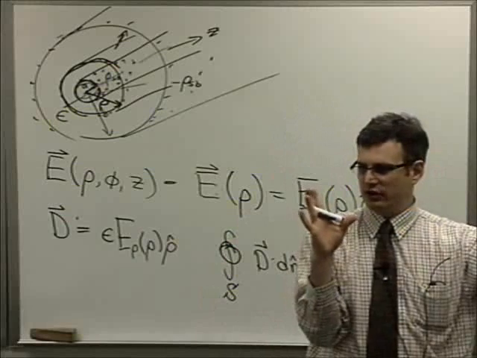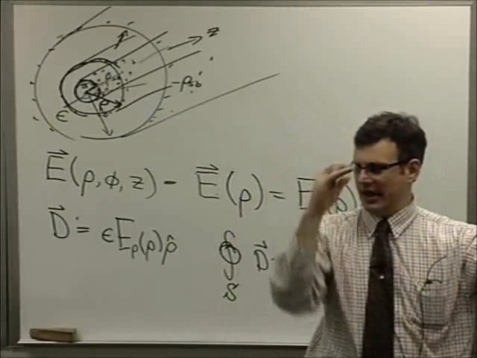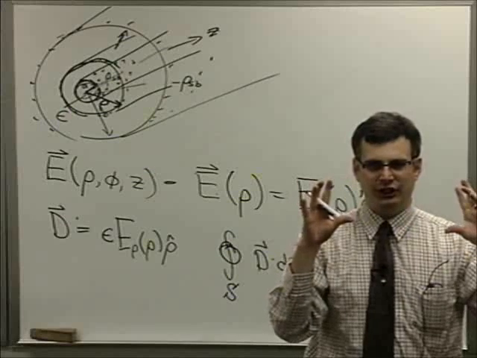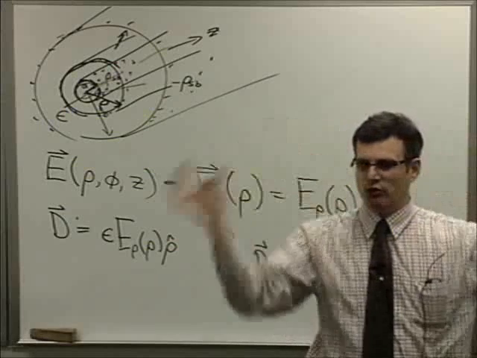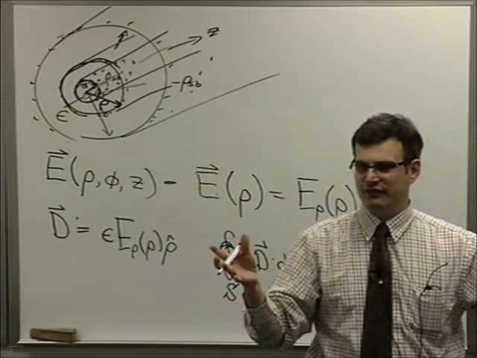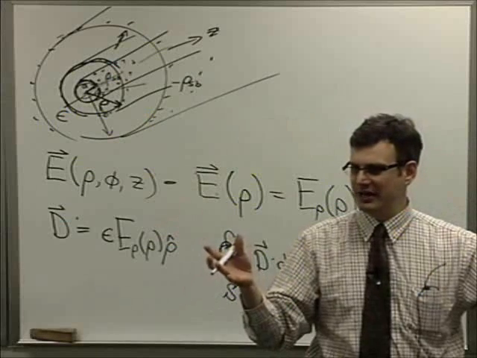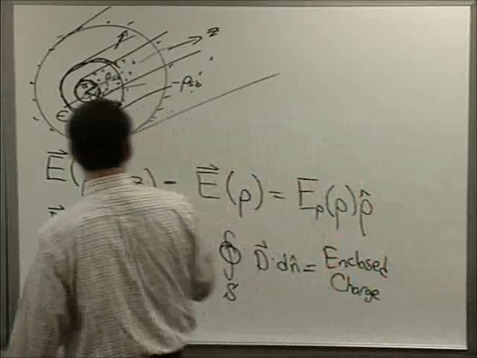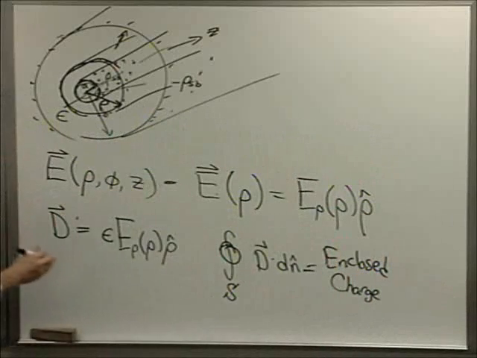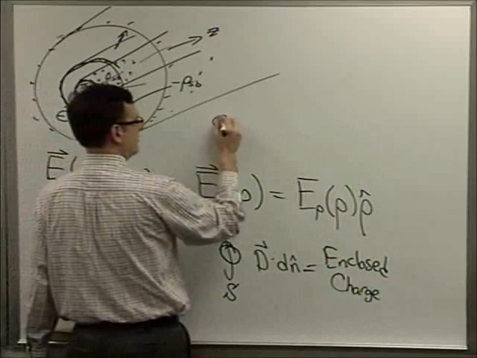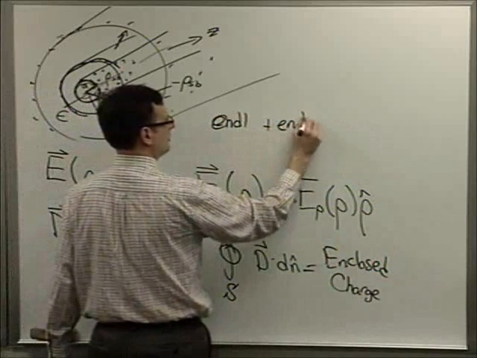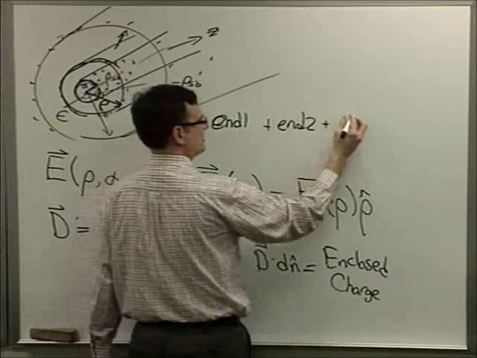And if I integrate across all of those ends and the curvy side, then I should get my total electric flux through the volume, and that should be equal to the total charge inside. So let's take a look at this. So really it's end 1 integral plus end 2 integral plus curved side integral.